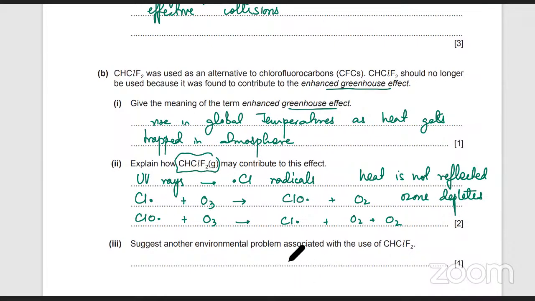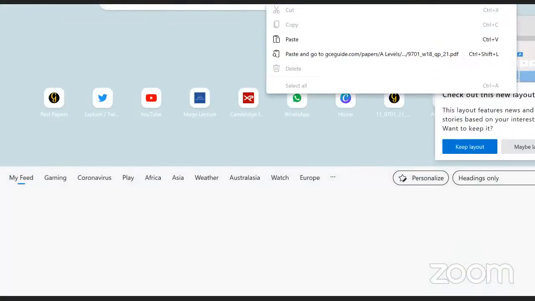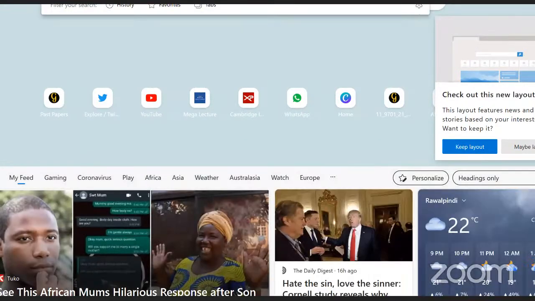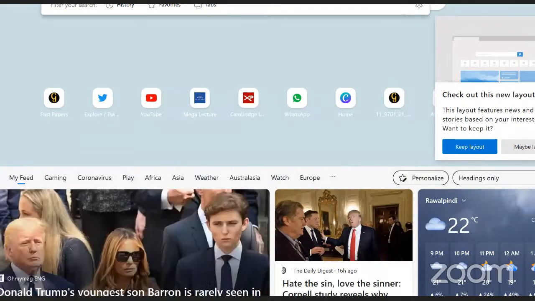So another environmental problem caused by this: skin cancer.